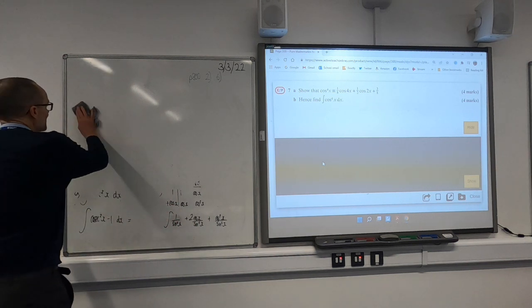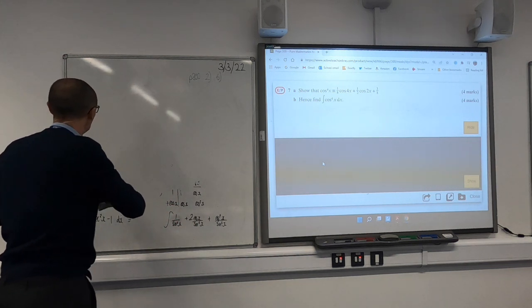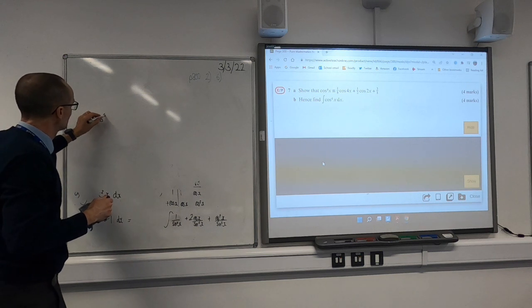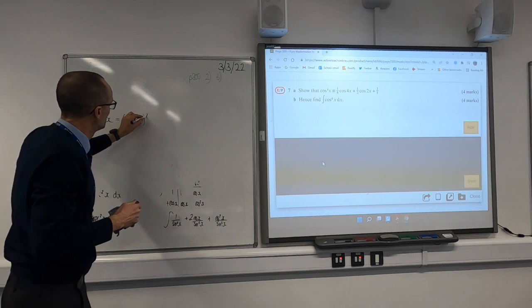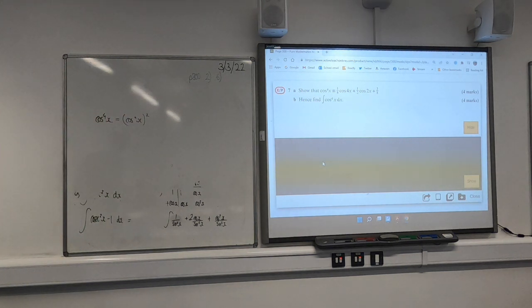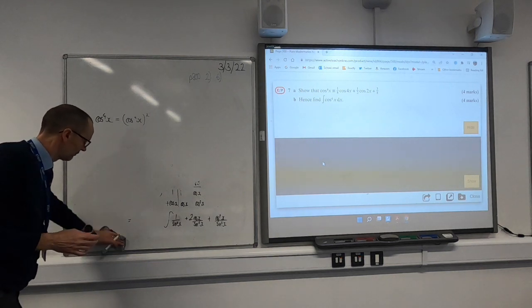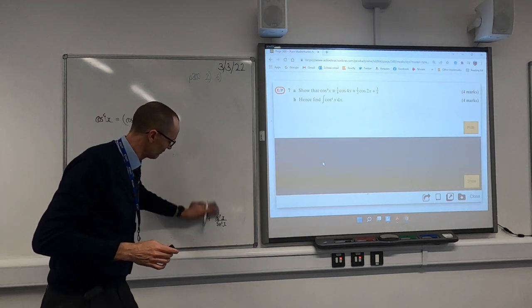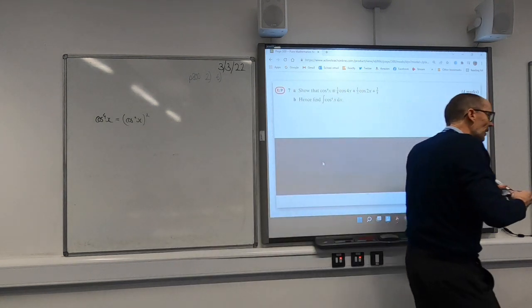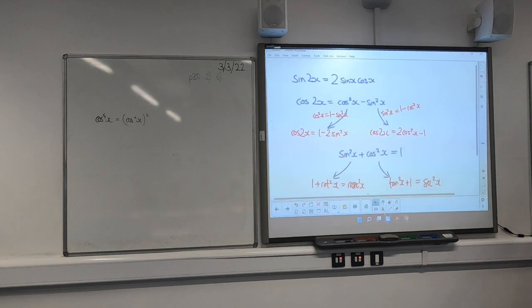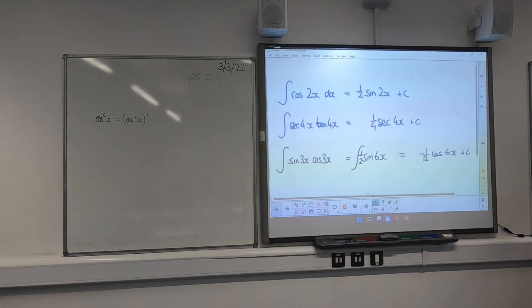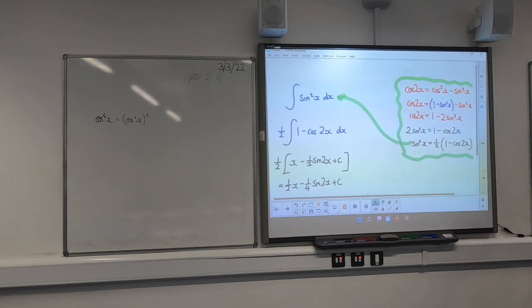So cos to the power of 4 is, and because this is an integration question, I know I'm going to have to use this, sorry, not that, this substitution, aren't I?